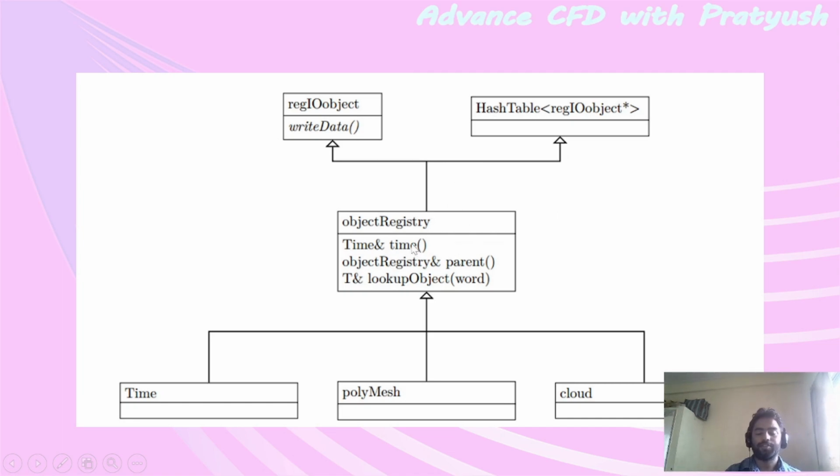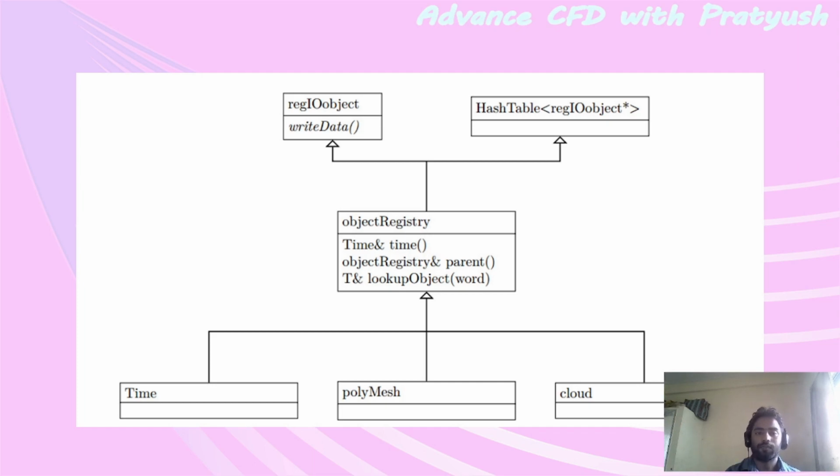Now this object registry is derived in the time, polymesh, and cloud. Cloud is something related to parallel computing, but here the two important things are time and polymesh. Now let me explain in more detail. What is happening here?